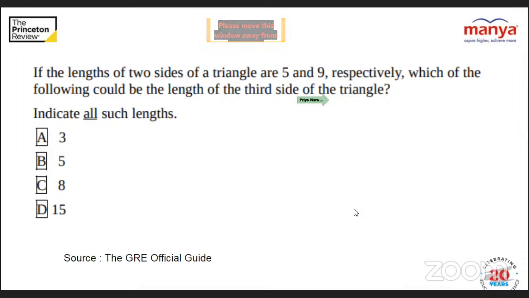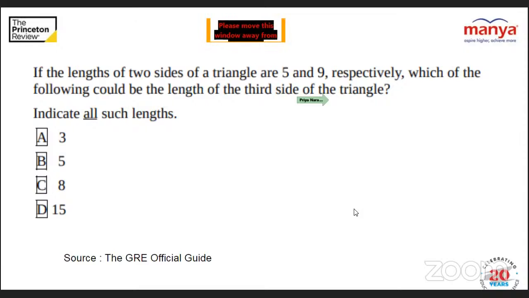No, we cannot use Pythagorean. So the third side rule, right? The third side of a triangle should be anywhere between the difference of the other two sides and the sum of the other two sides.